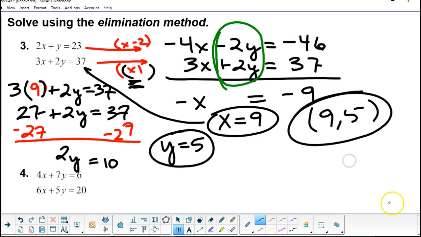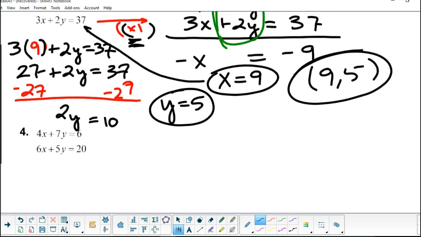The solution is 9, 5. X is 9, y is 5. Again, going through the steps, we found up here that we wanted to multiply this by -2 and keep this one the same. And in doing so, we got our y's to have numbers that would eliminate each other.